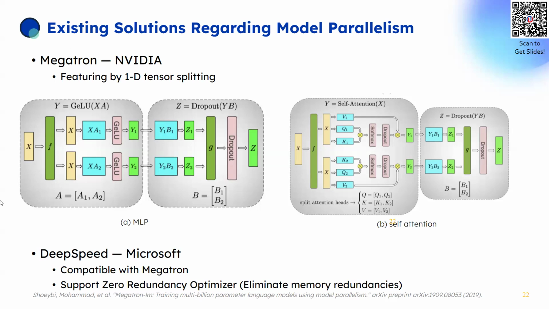So now every server or every device we do a matrix multiplication, and the result is 4K by 128. Each one is 4K by 128. I use this one multiplied by this one, and the result is 4K by 128.